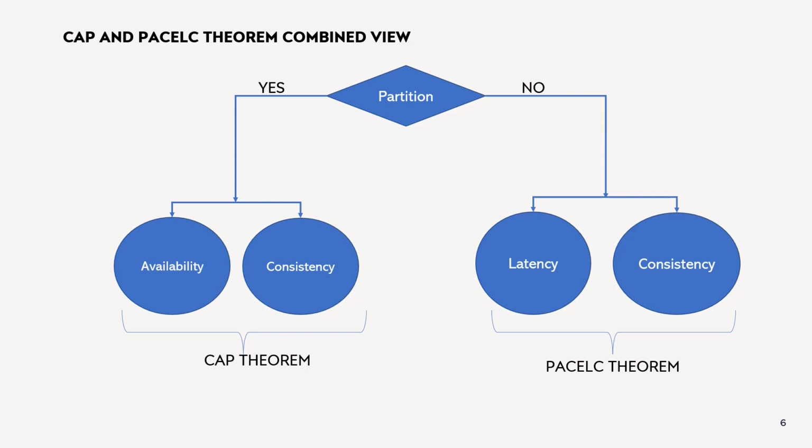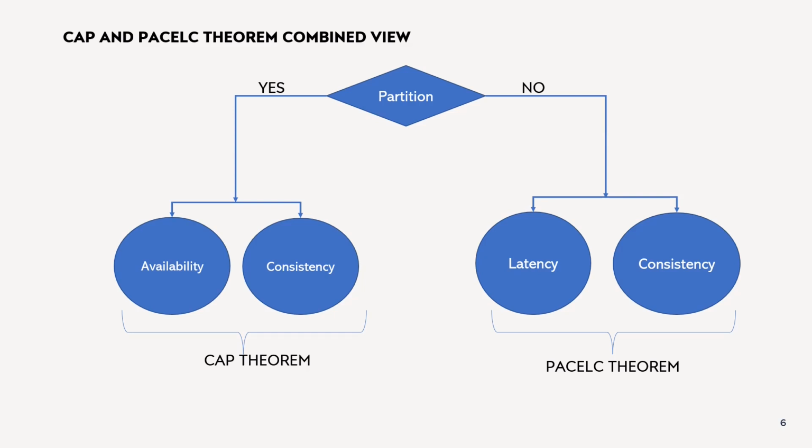That belongs to the PACELC theorem broadly. But in case there is a communication failure or network failure and your system servers cannot talk to each other, at that time there is a partition happening. So you have to choose between availability and consistency. That is basically the CAP theorem. So remember these properties and when they come into play.